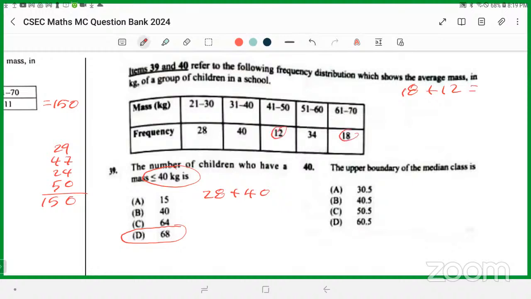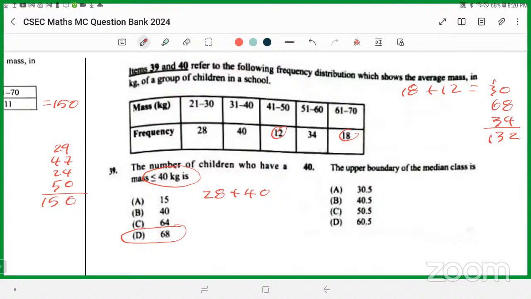That is 30. And then this and this is 68. And then this 34. So that adds up to 132 this time. See the value change. This time is 132.